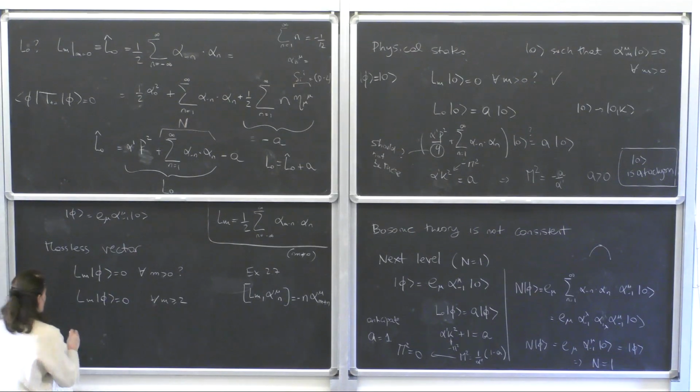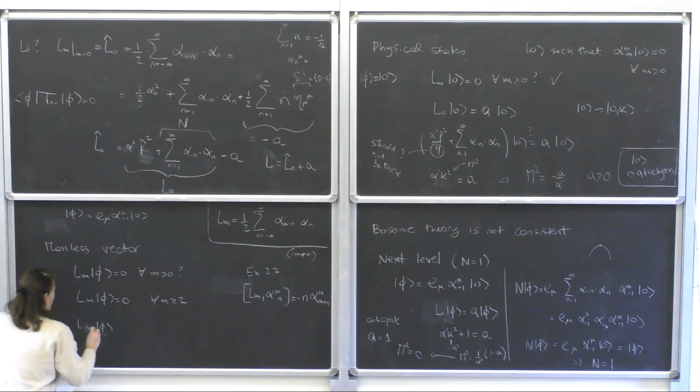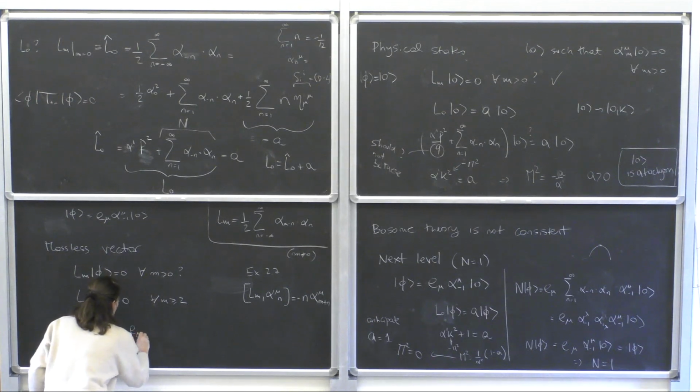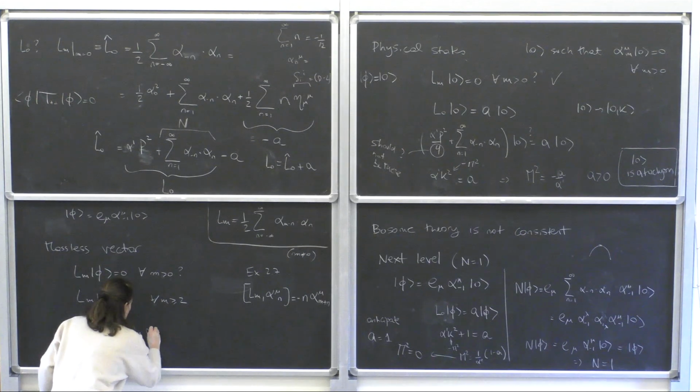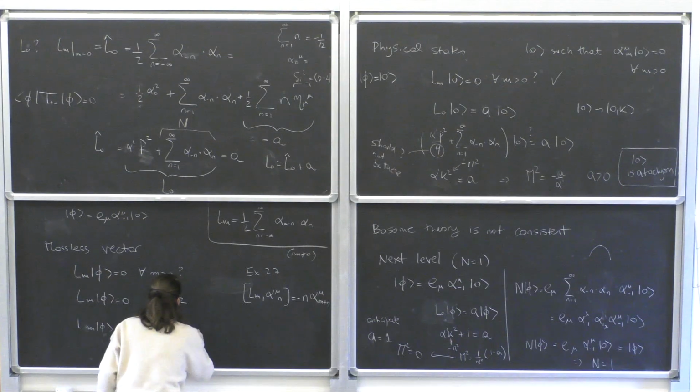So Lm on phi is equal to the commutator, so E mu alpha mu minus 1 Lm on phi, plus a commutator.